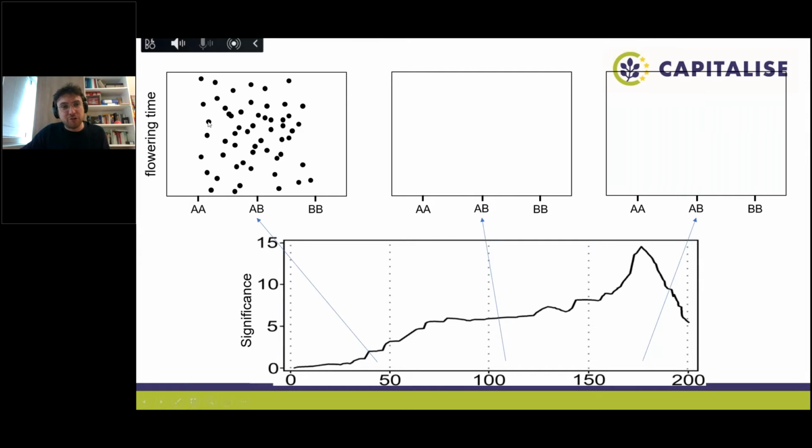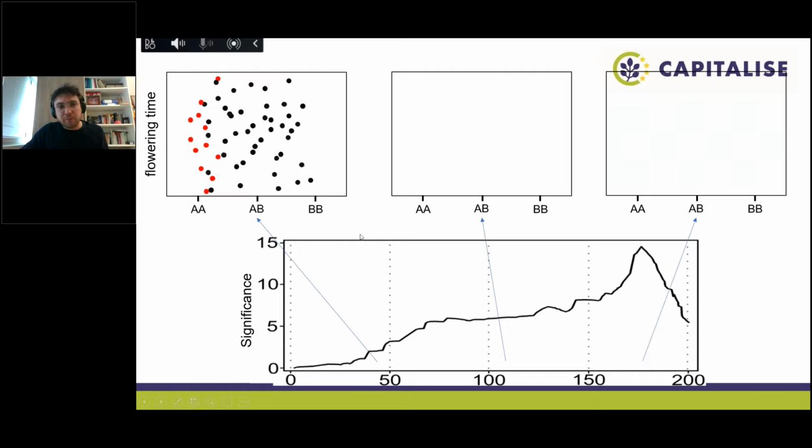And so the only thing that you need to do, really, and I'm trying to oversimplify something which is actually a bit more complex than that, just to give you the idea, is that you need to go locus by locus of the genome. What you see here on the x-axis is the representation of a chromosome, and what you see on the y-axis is the significance of the association between genetic variation and the phenotype. And what you need to do is to test in each location.